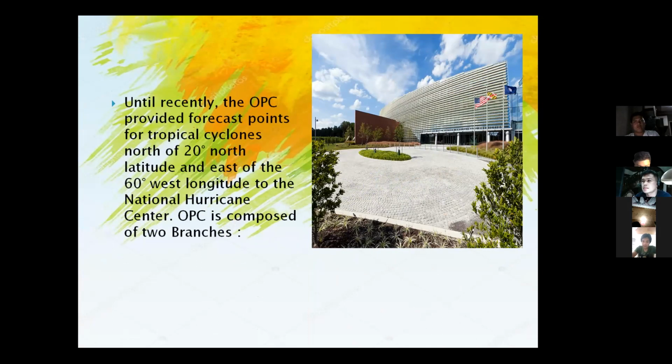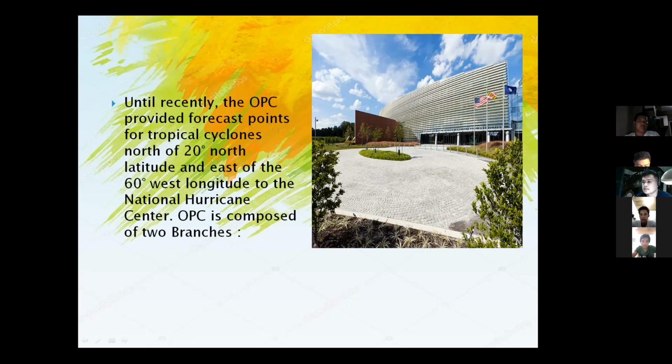The OPC, or the Ocean Prediction Center, not just provides the world's best marine weather forecast, but it also prevents the loss of lives and properties at sea. Until recently, the OPC provided forecast points for tropical cyclones north of 20 degrees north latitude and east of 60 degrees west longitude to the National Hurricane Center.